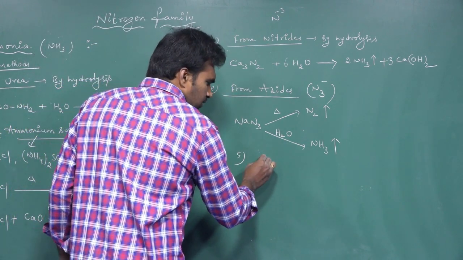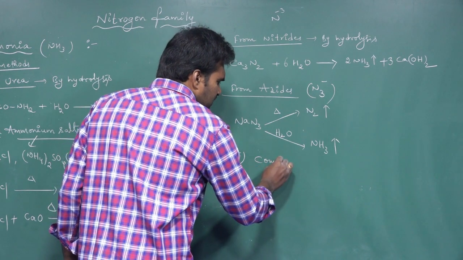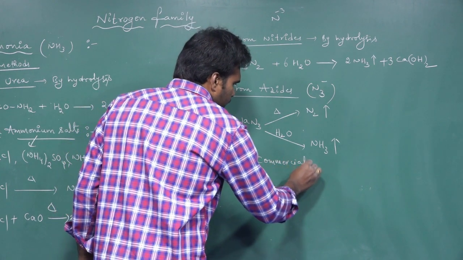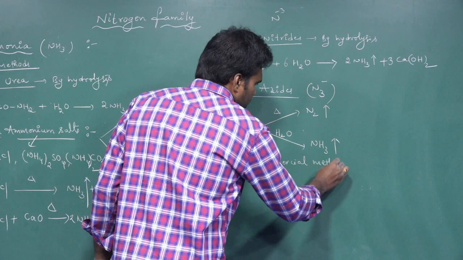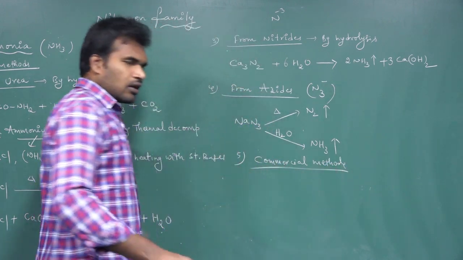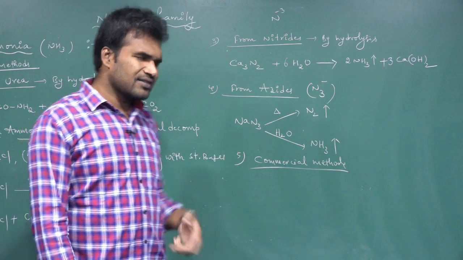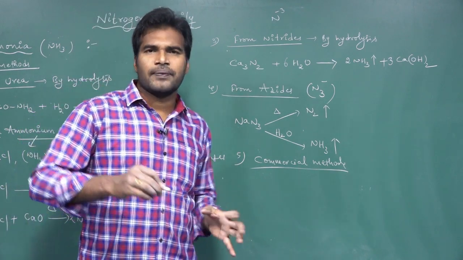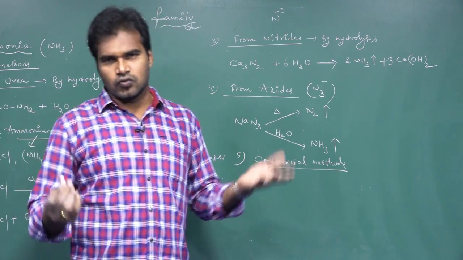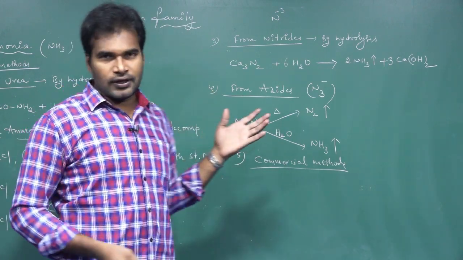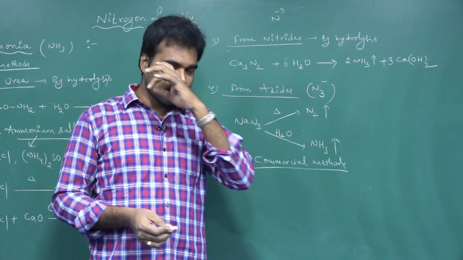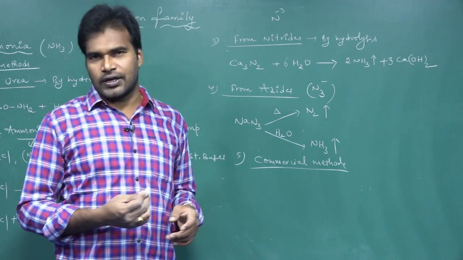And the fifth one, there are some commercial methods, industrial methods. 2 methods. Why are we calling these 2 methods commercial? Because if you want to prepare in bulk amounts, there is a huge demand for ammonia. Most laboratories and industries need ammonia.